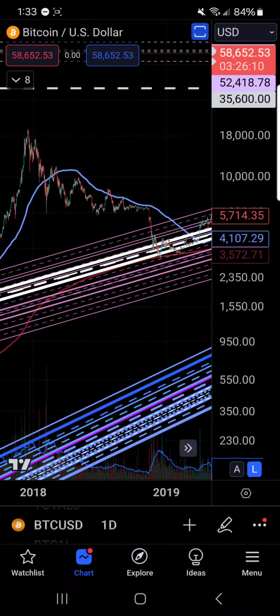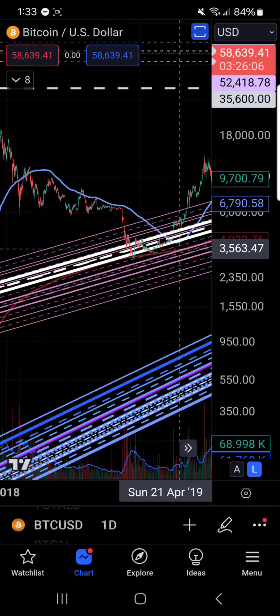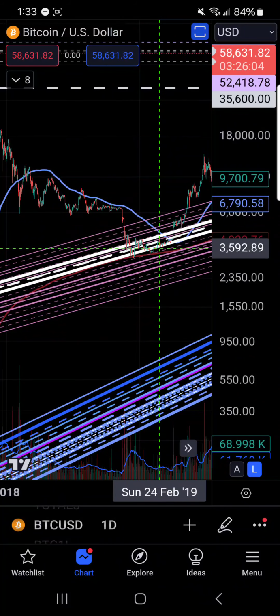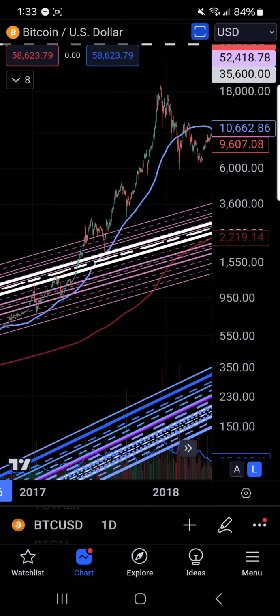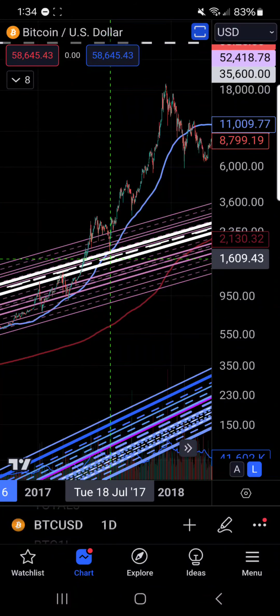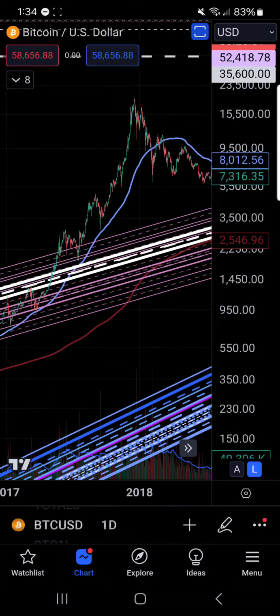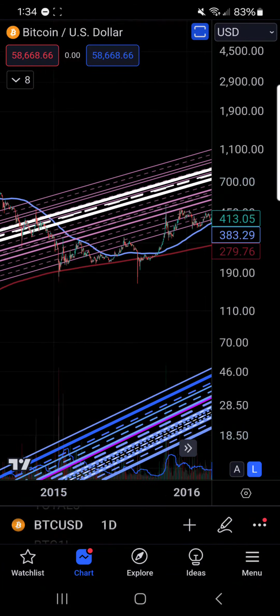And that white one there is the most important channel in Bitcoin history, from which we start all of our parabolic runs. You can see from here we butted up against it and then boom, and even wicked down to it before bouncing and starting our parabolic run. That was in 2016.